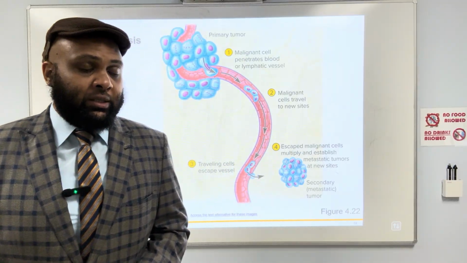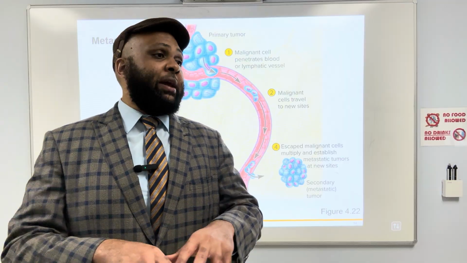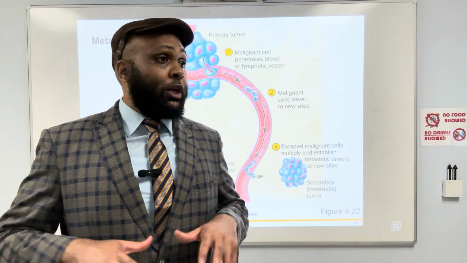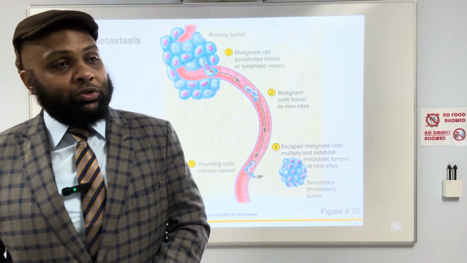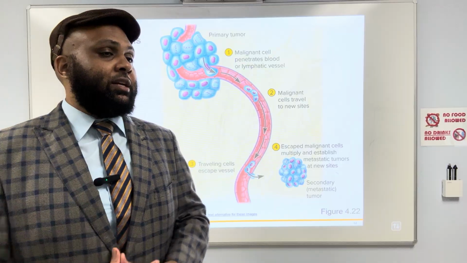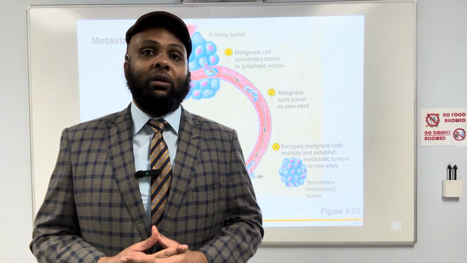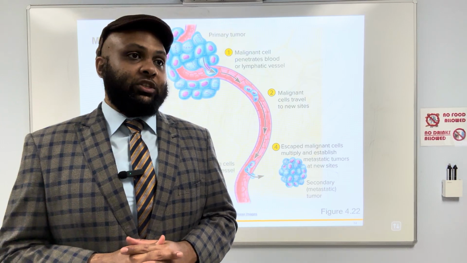Invasion is when the cancer cell infiltrates the basement membrane and spreads locally. So you have a cancer cell in the bone tissue, God forbid, in the lung tissue, in the brain tissue. If it remains there, then that's invasion.